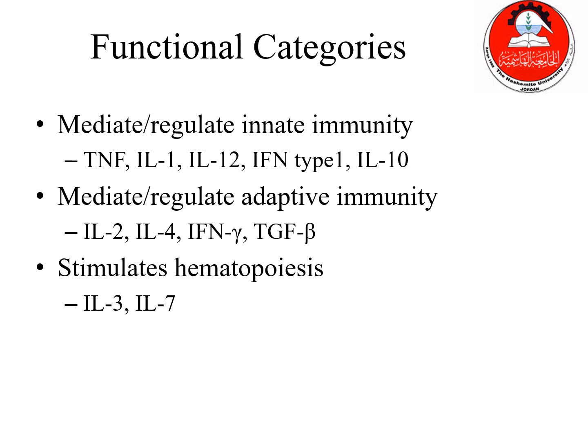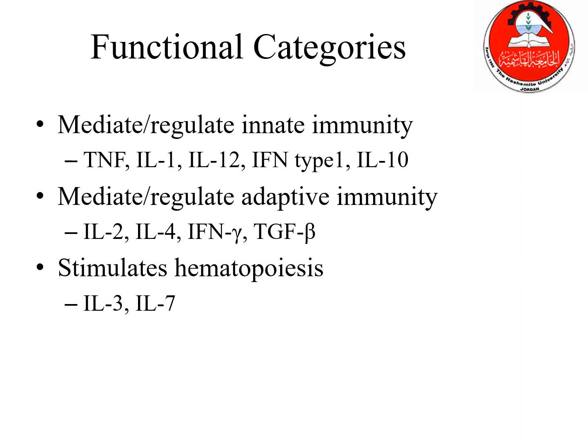So if we classify cytokines into functional categories, we can classify them into three main functional categories: the ones which mediate or regulate the innate immunity, the ones which mediate and regulate the adaptive immunity, and the ones which stimulate hematopoiesis. For those which regulate the innate immunity, we have the TNF, interleukin-1, interleukin-12, interferon type 1 and interleukin 10.